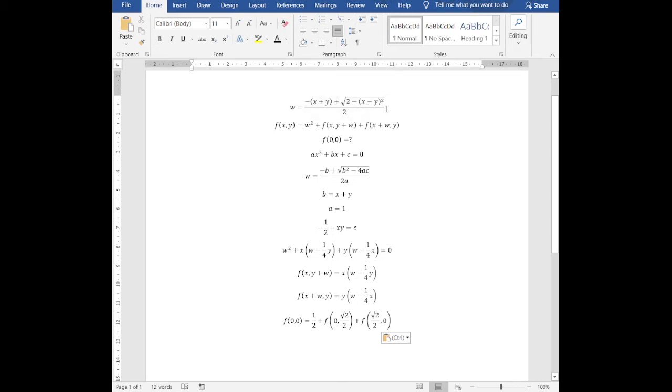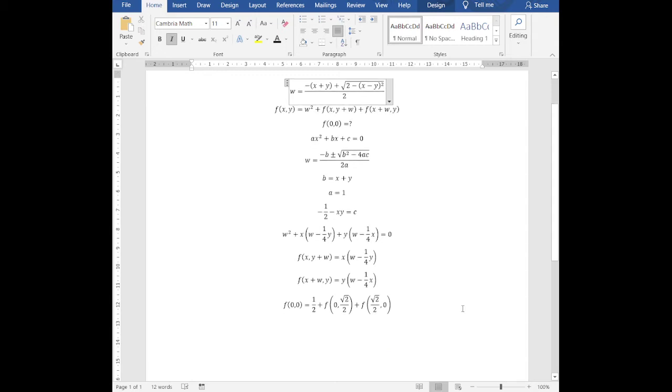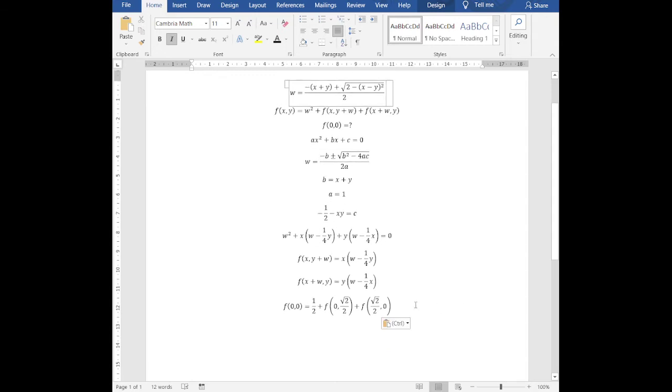I suspect the relationship to the quadratic formula isn't coincidental. I suspect whoever came up with this problem used the quadratic formula in some way to do it. And I suspect f of x and y will turn out to be quadratic in some sense, if I had to guess.